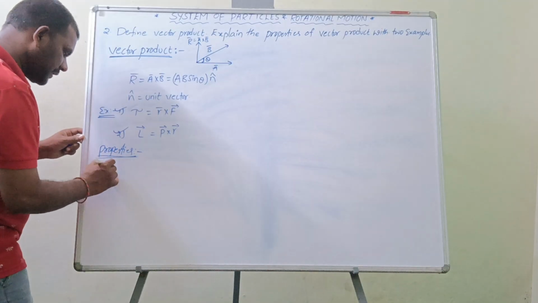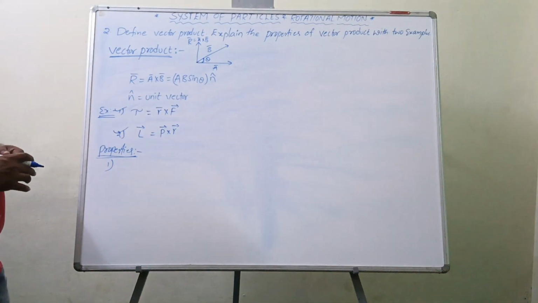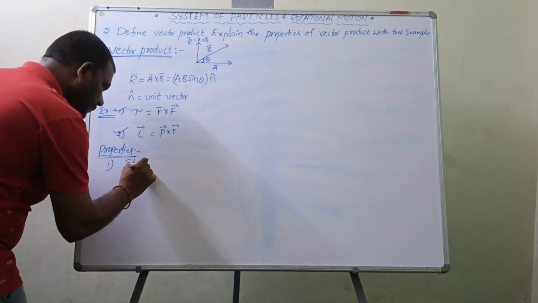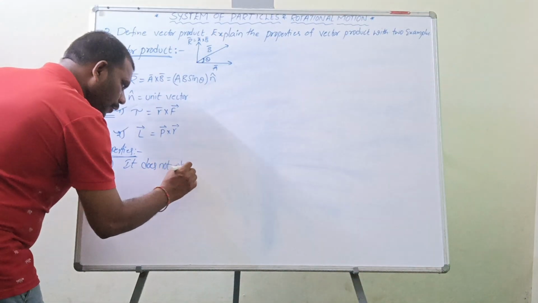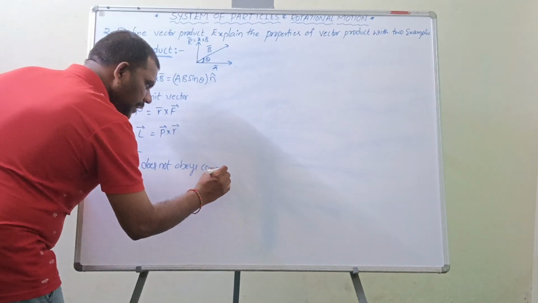So what are the properties? The first one: vector product does not obey the commutative law.